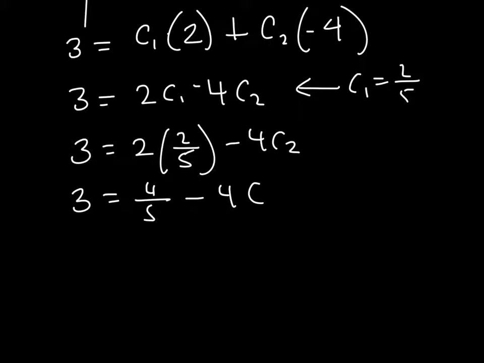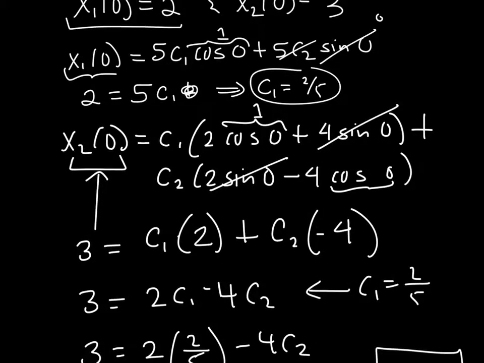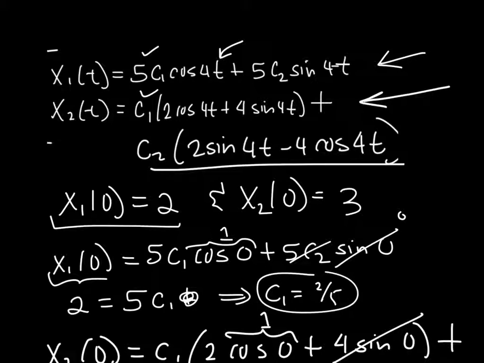And this is just algebra, right? So dot, dot, dot. I'll let you solve for c2. And you should get 11/20ths. And so let's rewrite our final solution. So x1 of t is, well, remember our general solution was 5c1.